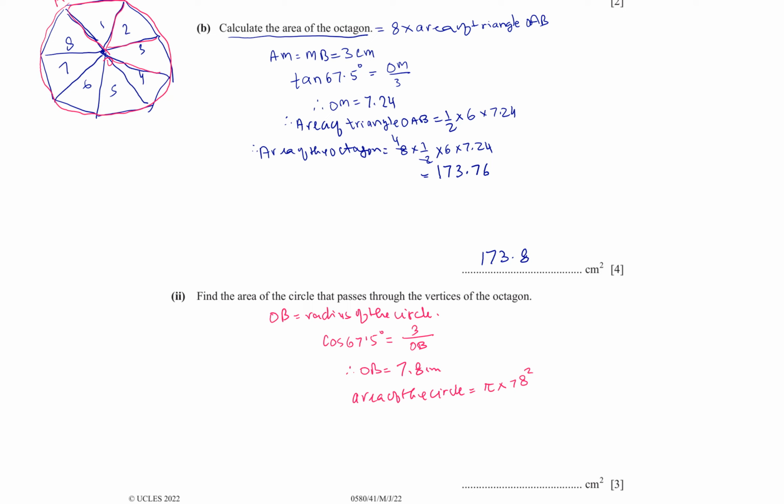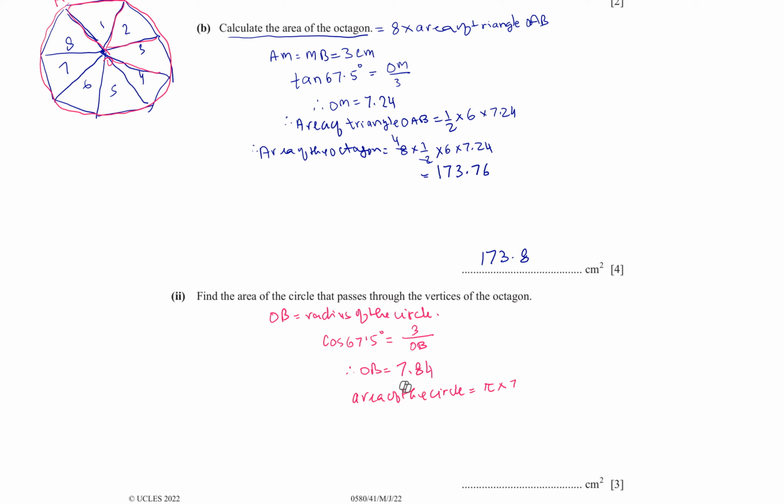Maybe I've simplified it too much. I said 7.8, it should be rather 7.84. It's oversimplified.